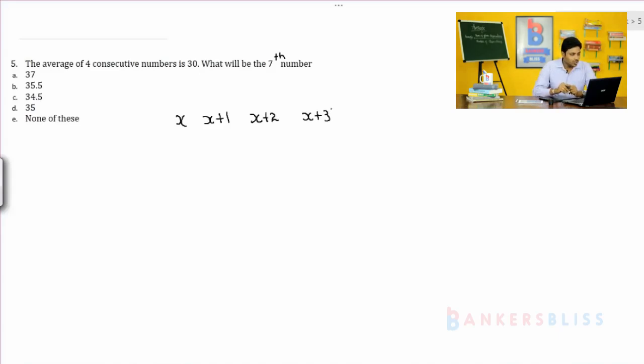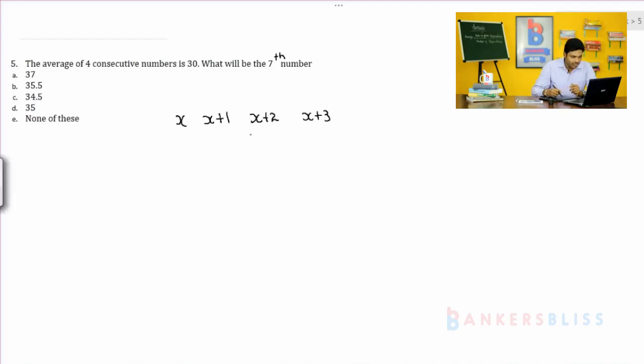Here they have given to consider only 4 consecutive numbers, and we have taken 4 consecutive numbers. In the previous problem I told you, if the series is in AP, then the middle term will be the average. Here it is very easy to identify the middle term. The average of the 4 consecutive numbers is 30.